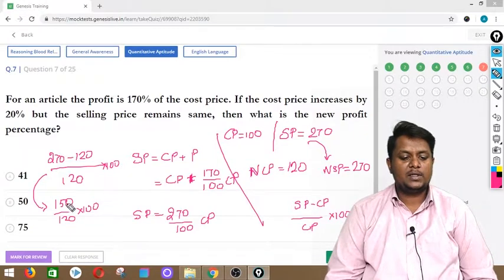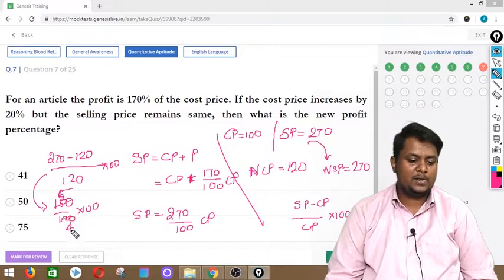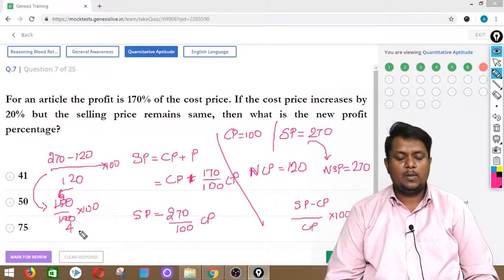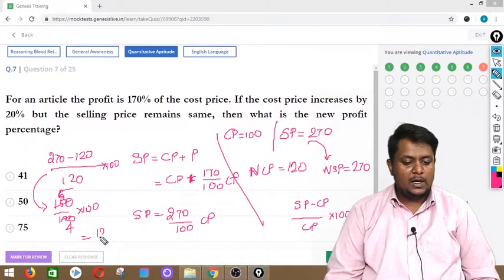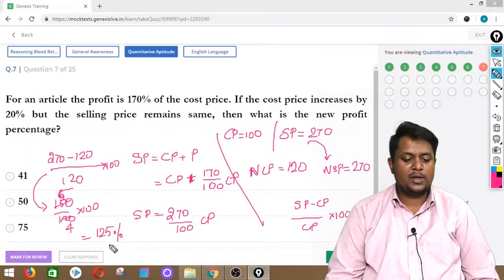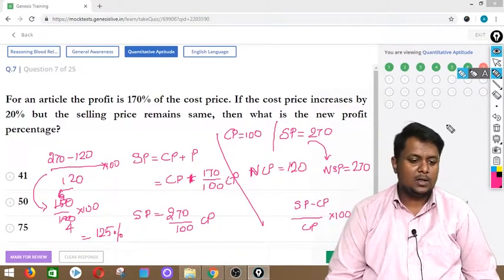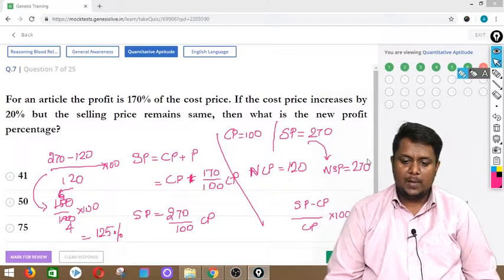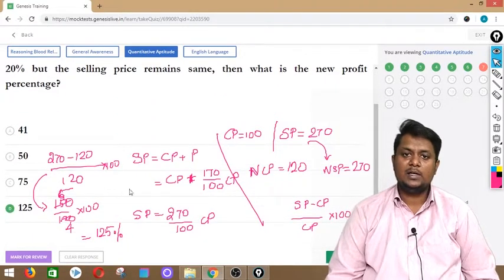When we simplify this, this is 6 times, that is 5 times, and this is 4 times. 5 by 4 into 100, 100 by 4 is 25, 5 into 25 is 125% profit. This is the new profit that we get based on this change. We have to mark the option that says 125. We have option D as the right answer.